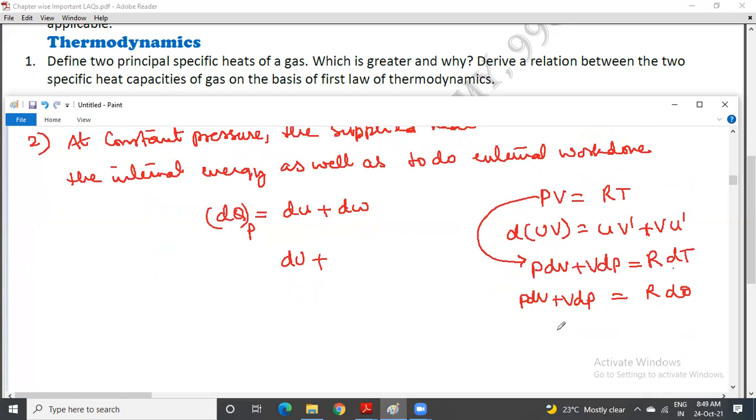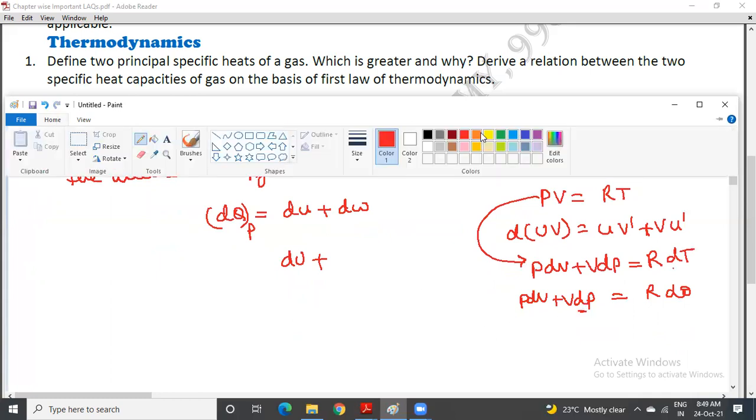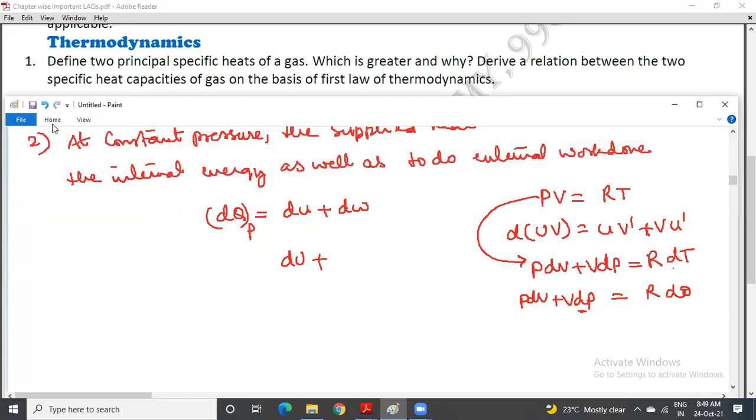Then proceed. We are saying the pressure is constant, meaning pressure is there but remains constant. Therefore this part will be zero: P dV plus V(P2 minus P1) equals R d theta. Since there is no change in the pressure, this vanishes.